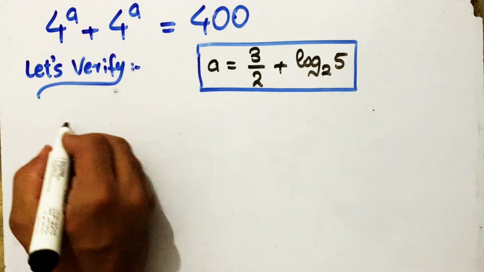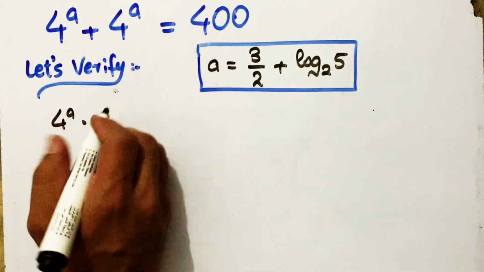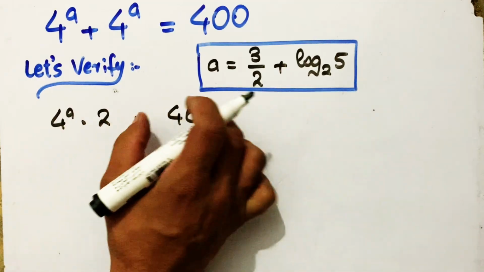I take 4 to the power of a common, 1 plus 1 is 2, equal to 400. Now put the value of a in the equation.